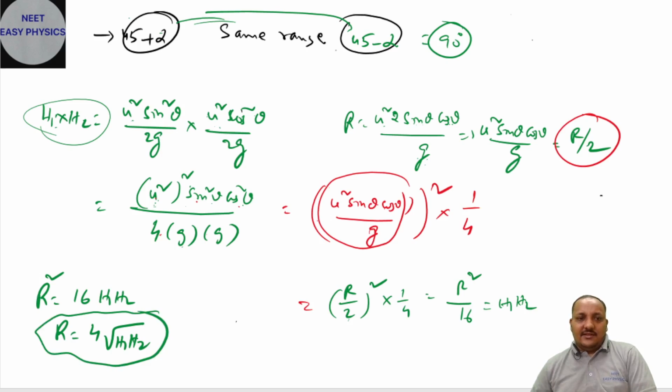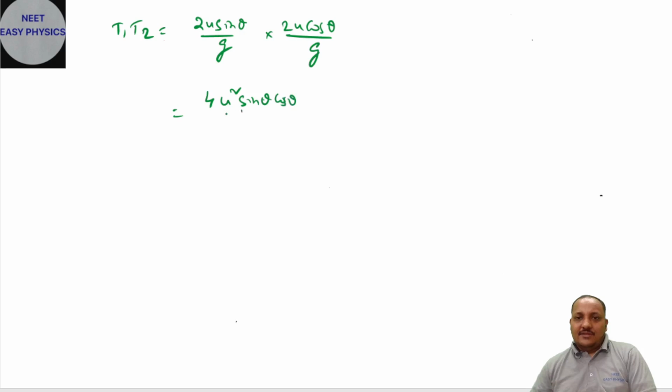Like this, they will ask about T1, T2. If you multiply T1, T2, what will you get? What is T1? 2u sin theta by g. What is T2? 2u cos theta by g. All these are for complementary angles. Now you will get 4 u square sin theta cos theta by g into g.